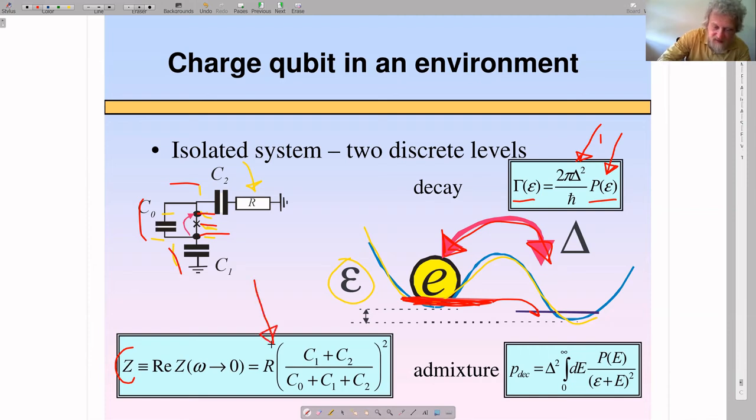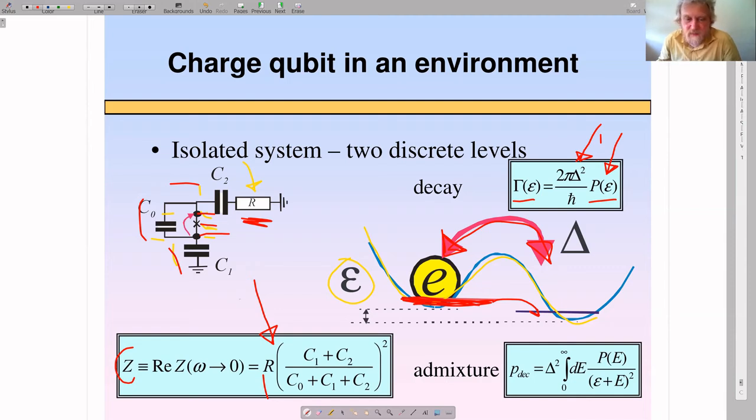So this is the resistance of this external resistor times a factor which depends on capacitances. Right. So now we can apply our knowledge of P of E. The only problem is one needs to modify the resistance in this formula by this factor.